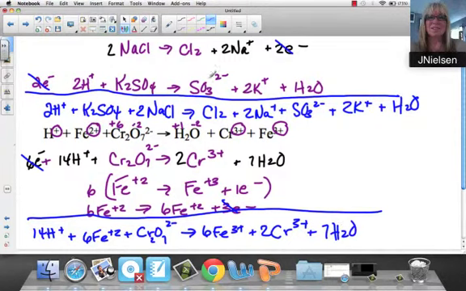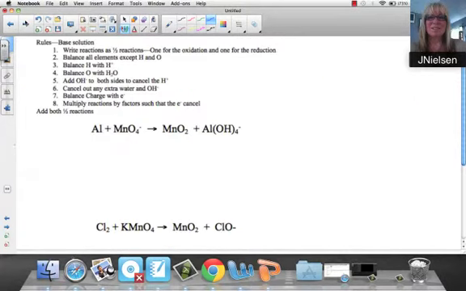Let's move on to basic. Now, everything is going to be the same, except after, and these are reversed again, we do the O and then we add the H plus. After we add H plus, this is the only new step.